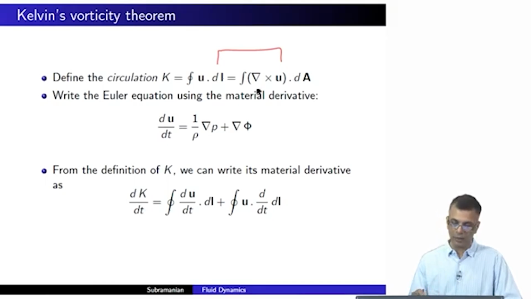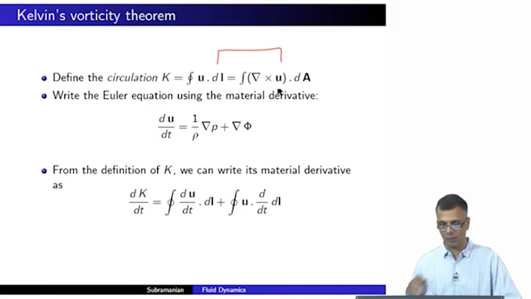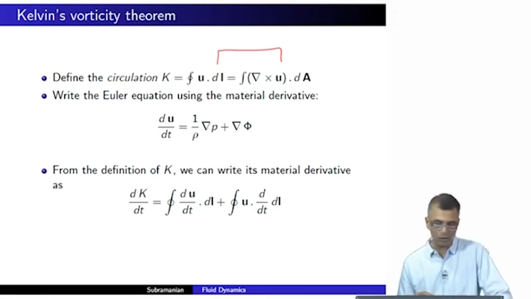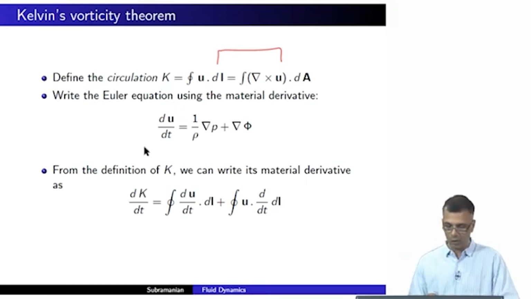You relate the line integral to the surface integral using the curl. I sometimes write the area element as ds, sometimes I write it as dA. I am hoping that the context will make it clear what I am talking about. In this case anyway, we were not yet talking about the surface integral. We just do a line integral of all terms here.